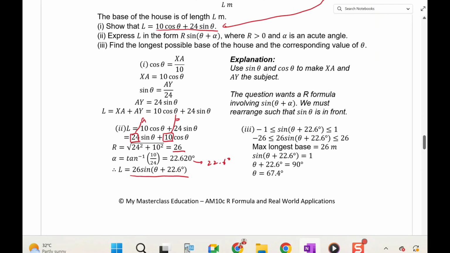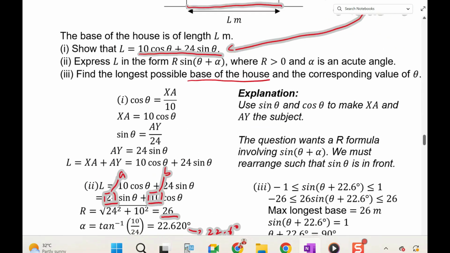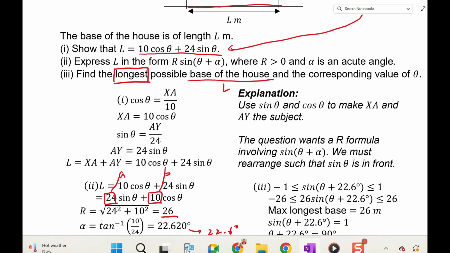Part 3. Find the longest possible base of the house and the corresponding value of theta. So if you recall, base of the house just refers to L. Now whenever you see the word longest or any form of superlative, we know that we are finding the maximum value or minimum value. In this case, since it's longest, we are finding the maximum value.